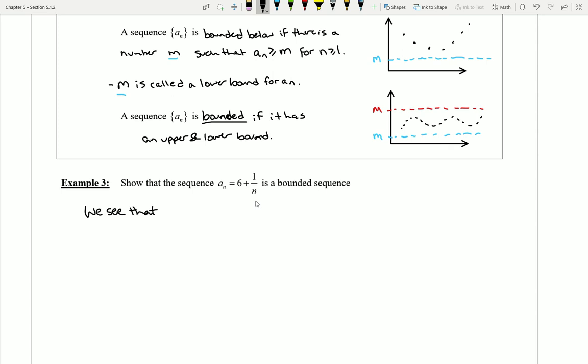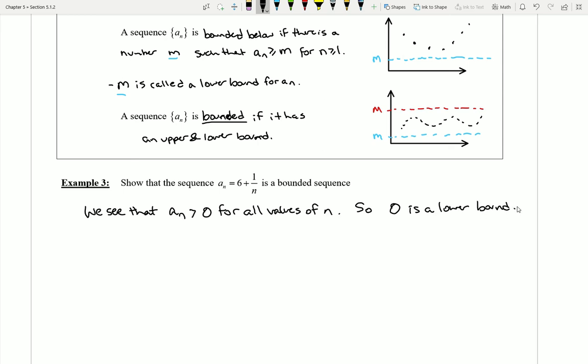No, absolutely not. So we could see that a sub n is definitely going to be greater than 0 for all values of n. So 0 is a lower bound.